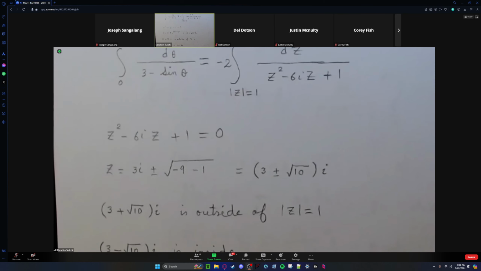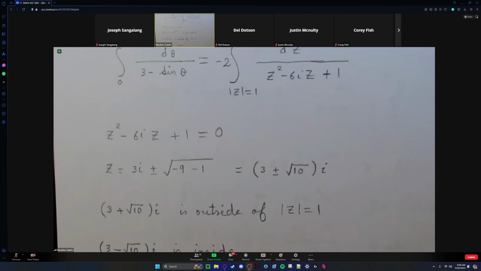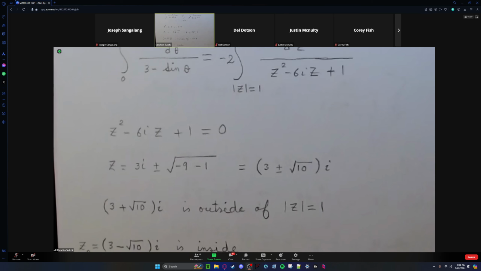It's a simple pole, so I will just use, for example, the formula numerator divided by derivative of denominator. The residue of the function at z naught, which is inside, is 1 over 2z minus 6i, evaluated at z naught.